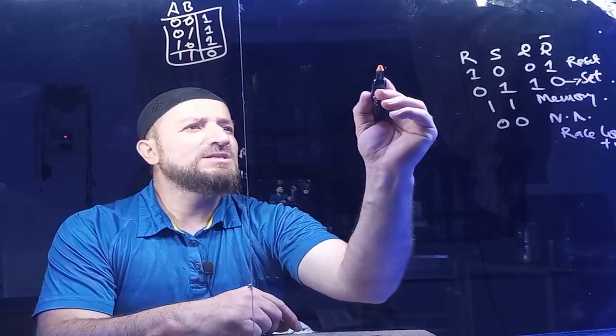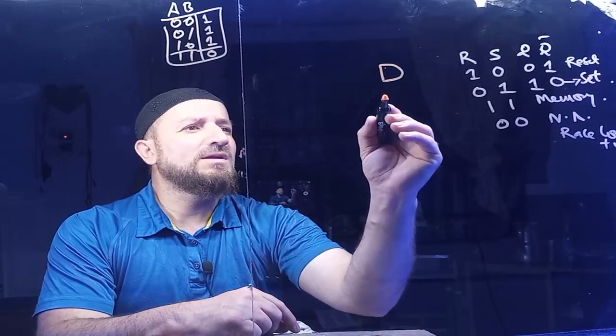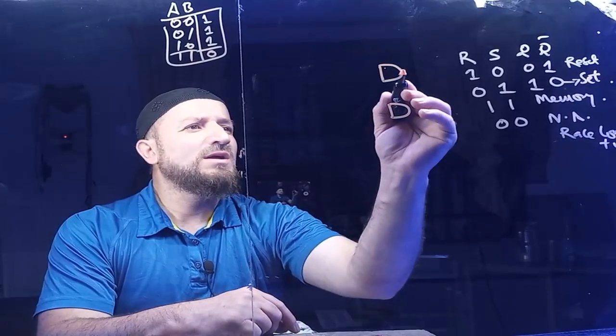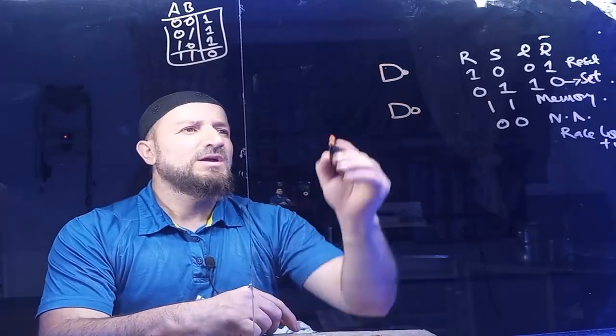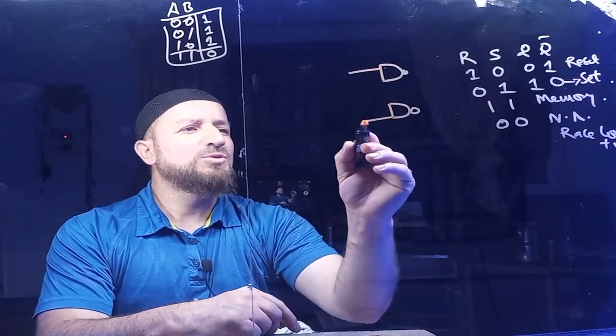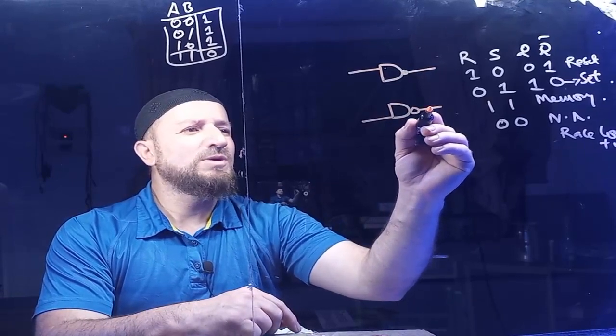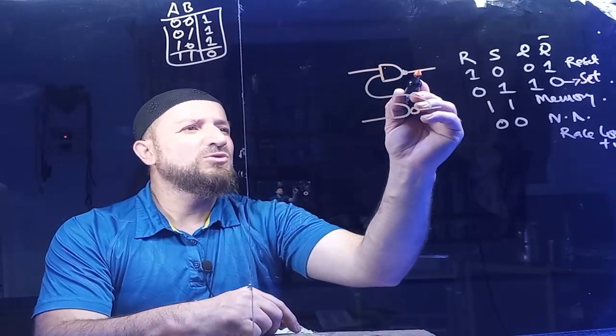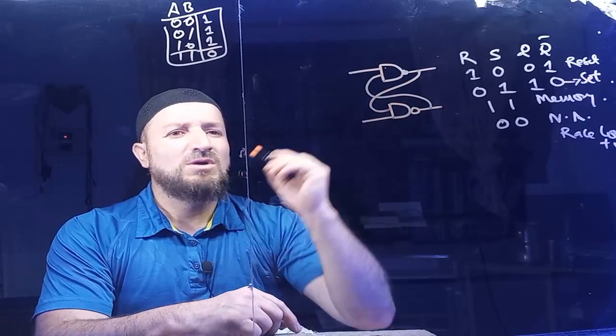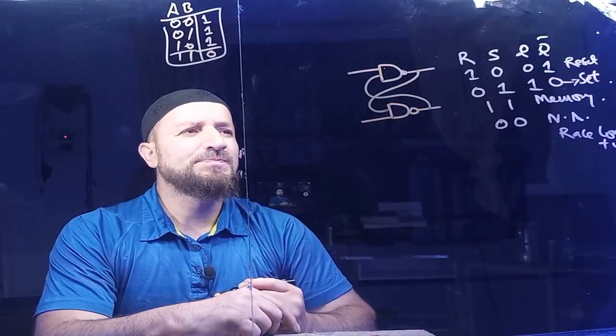Say this is my NAND gate 1 and NAND gate 2, and I have an input here and an input here. Now they have a feedback loop, so I use a crisscross feedback loop.